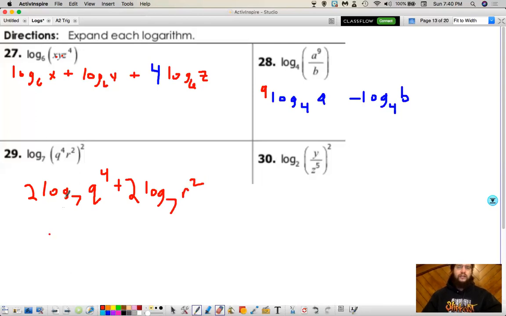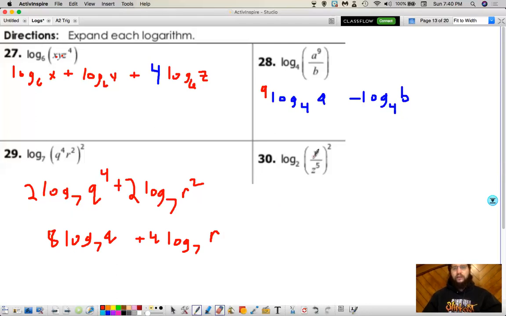All right, we need to get those exponents out front. So that's going to be 8 log base 7 of q. Sorry. Plus 4 log base 7 of r.